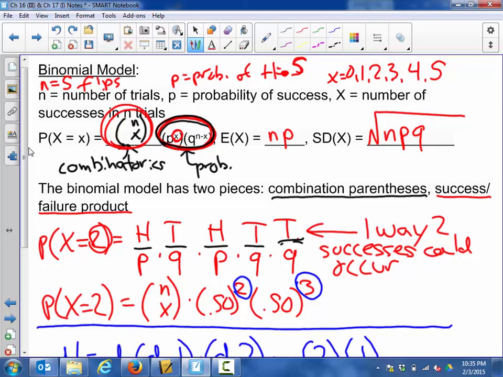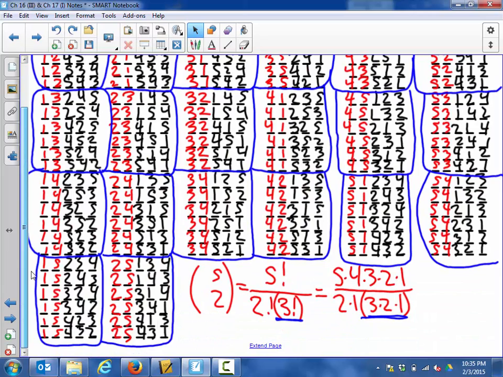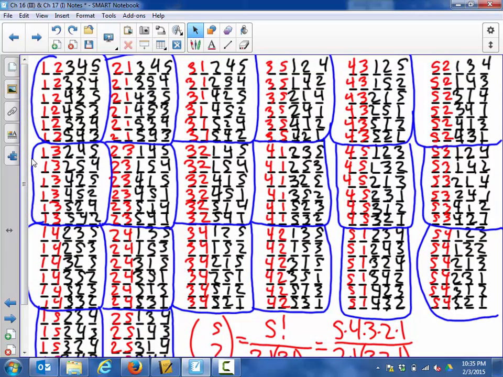So let's try to make an attempt at understanding this combinatorics piece in red here. As a summary, the probability piece tells us the probability that we see our x successes in n trials a single time. This combinatorics piece is going to fix the fact that that can happen multiple ways.